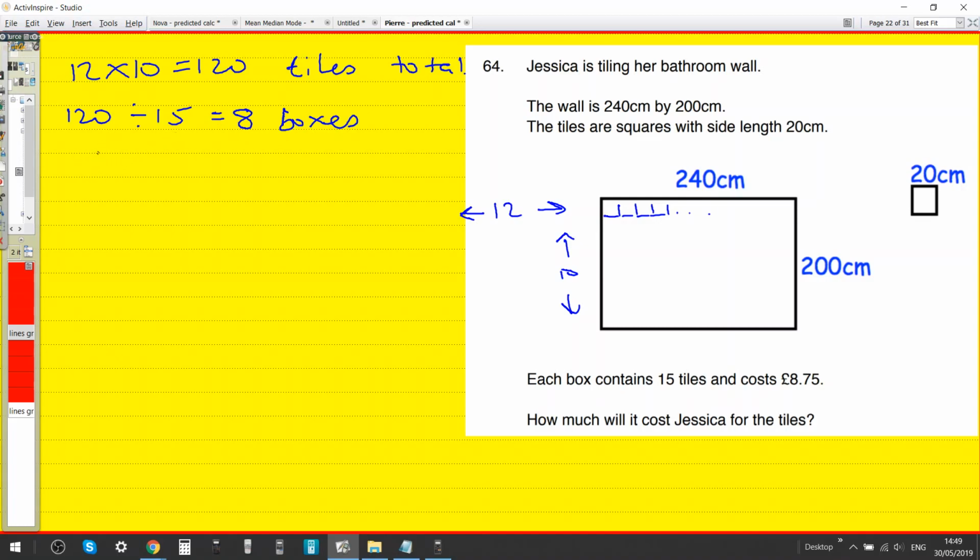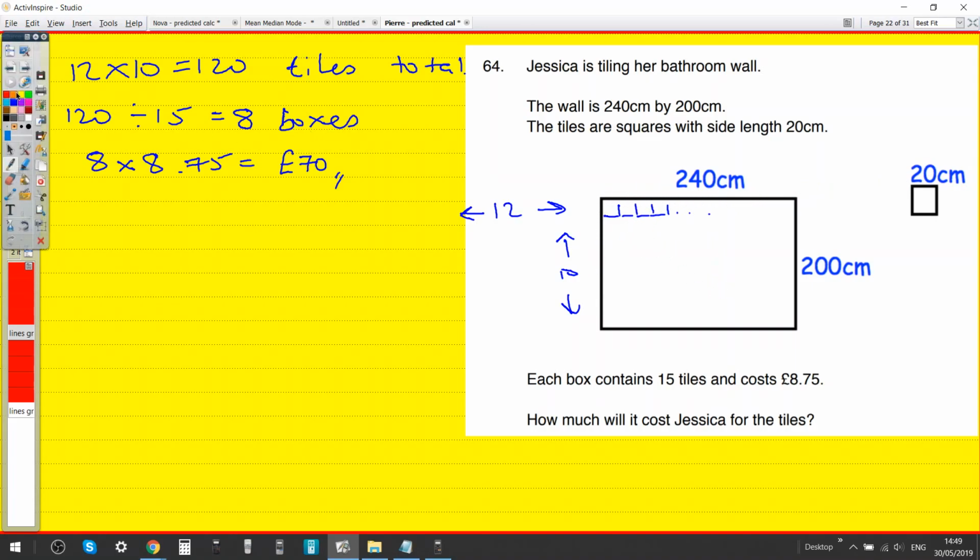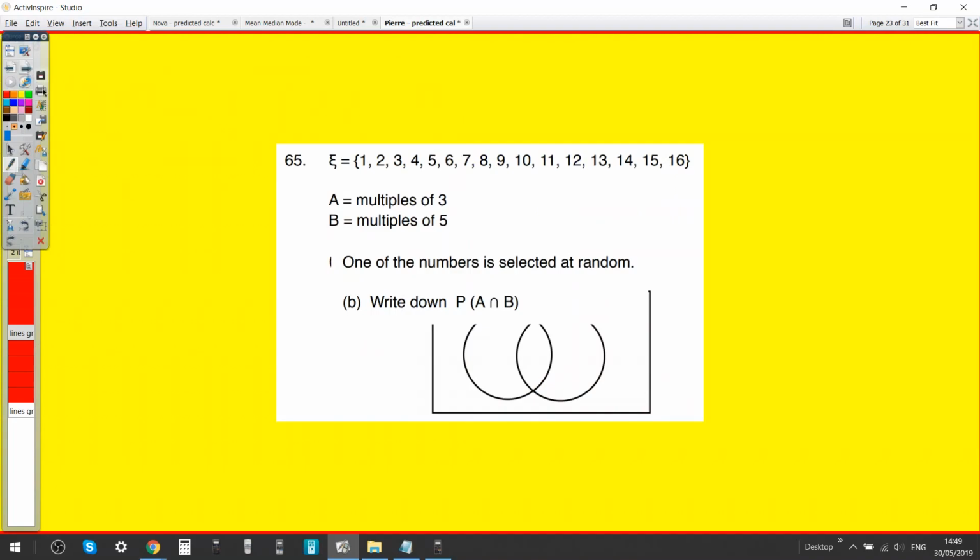So it'd be 8 times £8.75, which is £70. There you go. There are lots of ways of doing it, but I think it's easier to just see how many tiles fit in. It's a very common type of thing.